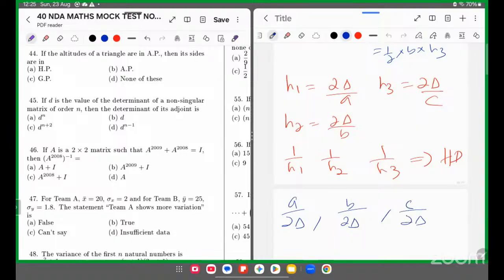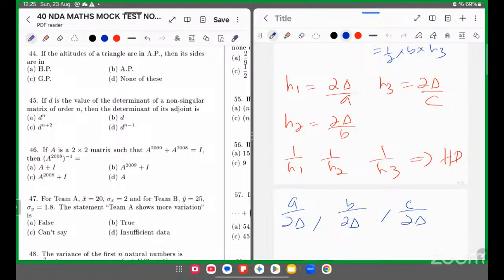If you divide all the numbers of an AP by some constant, it remains an AP. So 1 by H1, 1 by H2, 1 by H3 being in AP means A, B, C are in AP, and if you take the reciprocal of that, it will be in HP. So 1 by A, 1 by B, 1 by C in AP means the reciprocals are compulsorily in HP.